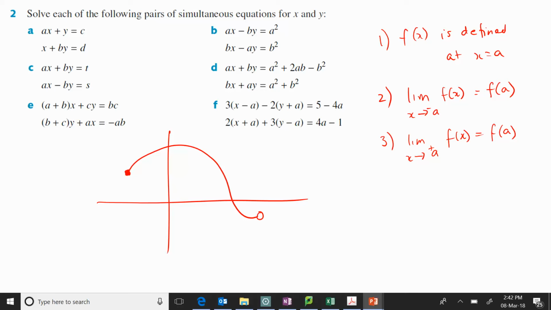In the example we did in the test yesterday, they were both open circles. So it made sense that this doesn't satisfy the first condition. The first condition means that at x equals whatever this open circle is, it's not defined. There is no y value there. But what if it was a closed circle for both ends? Is it continuous or is it not?